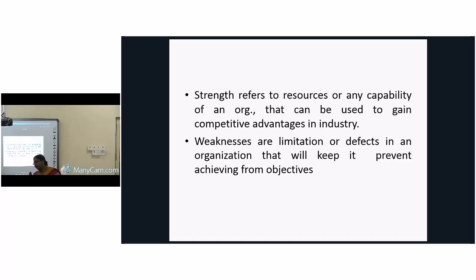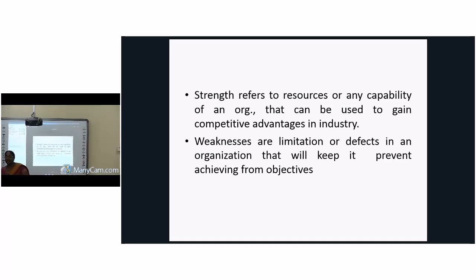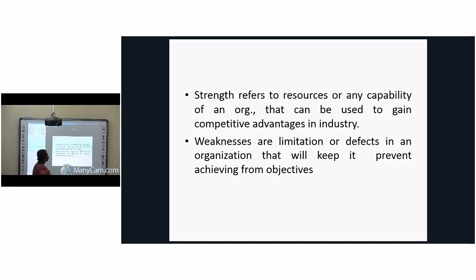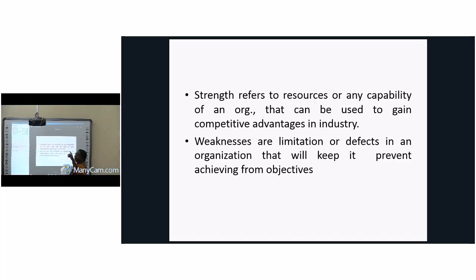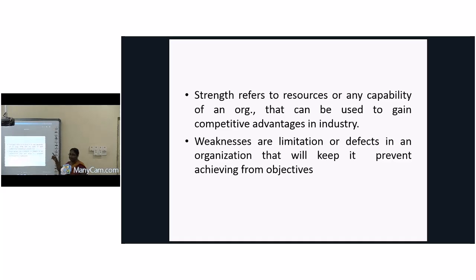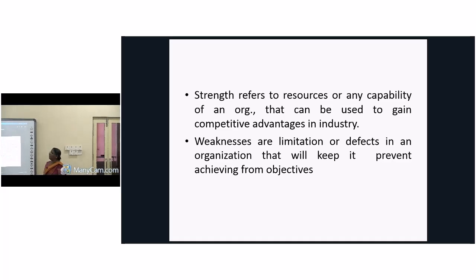If you need to achieve a particular objective, weaknesses act on it, preventing you from achieving these objectives. That is the main thing about weaknesses. While strengths support achieving organizational objectives, weaknesses prevent achieving them.